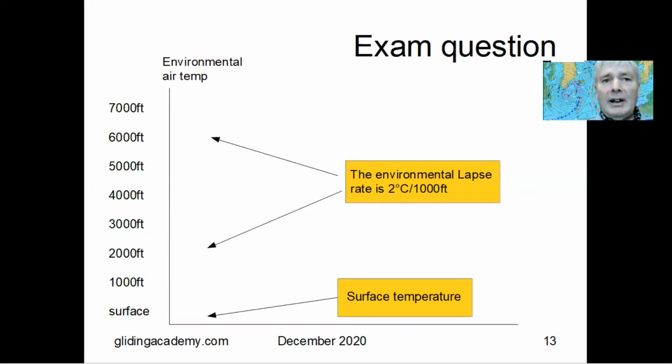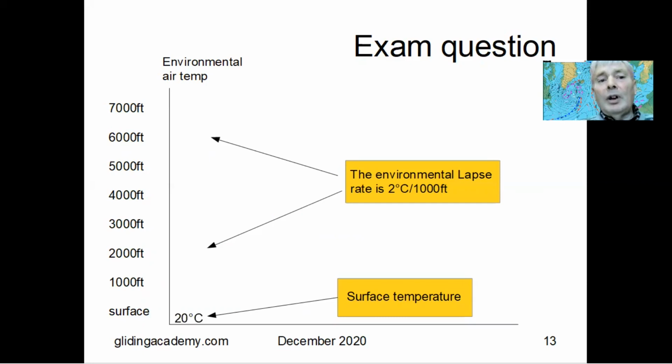You can see on the left hand side of this picture we've got heights rising up from the surface, 1,000 feet, 2,000 feet, all the way up to 7,000 feet. And the surface is the horizontal line at the bottom.